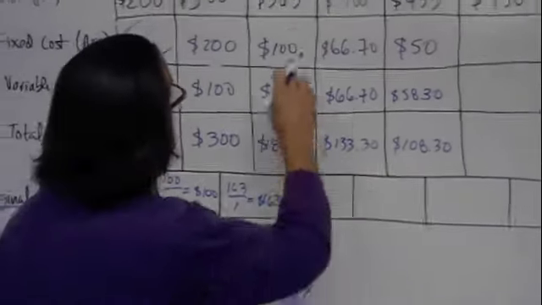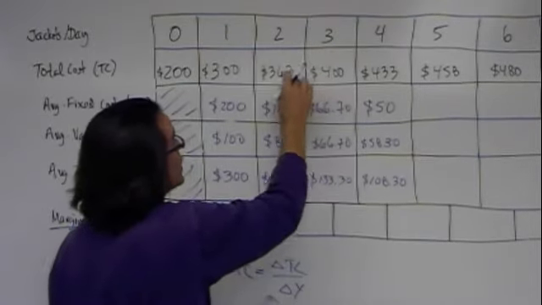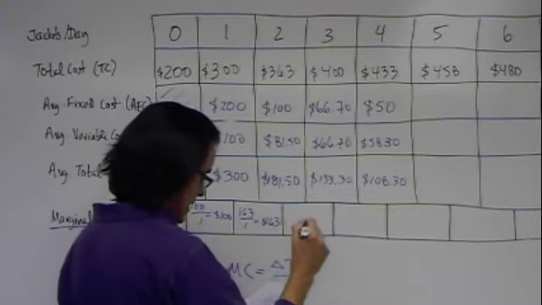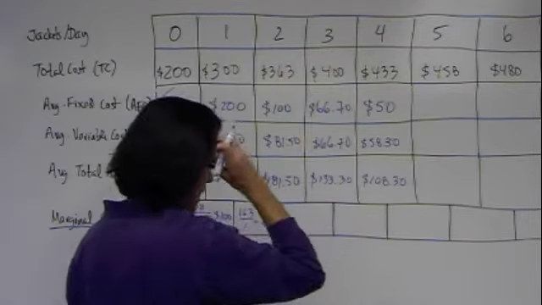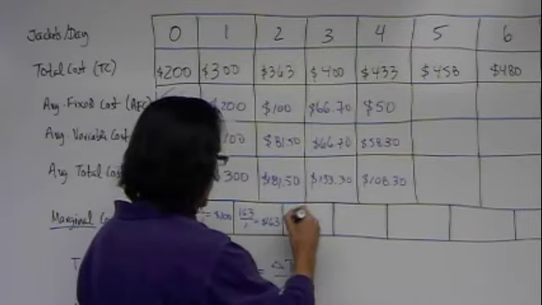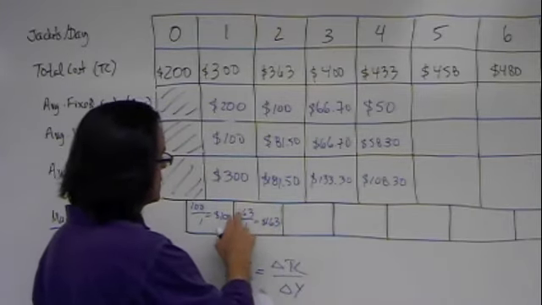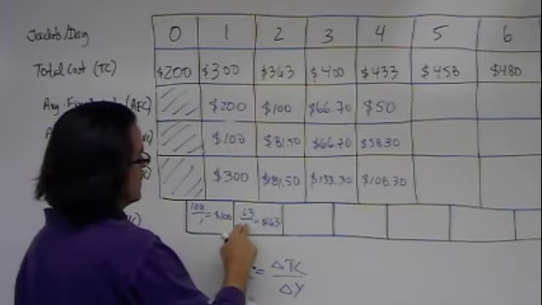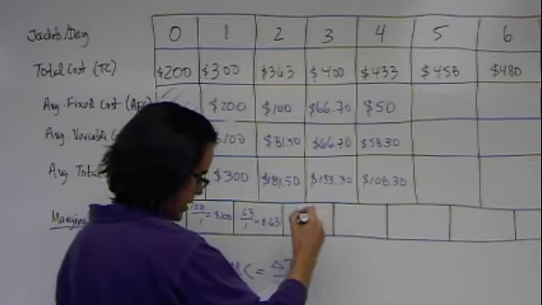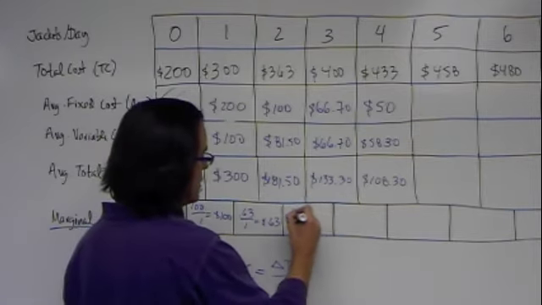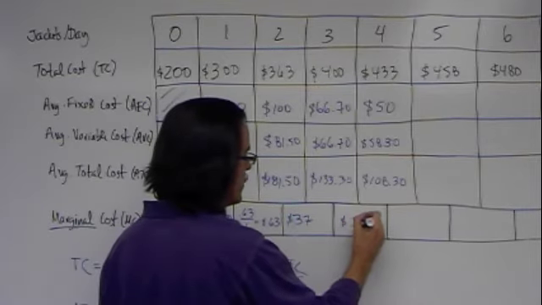If we're going from 2 to 3, 463 minus 400, that gives us, and then dividing it by the change in the output, which again is 1, we'll get, oh, I'm sorry, there was a mistake here. This is 63 divided by 1, so that's $63. And then for this one, we get 37. And then the next one, we get 33.